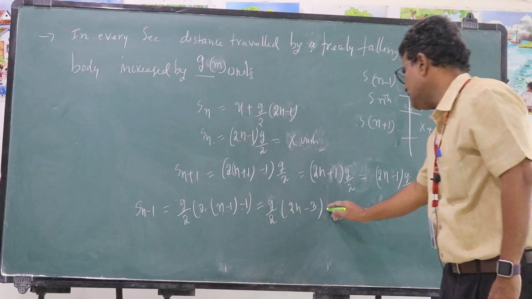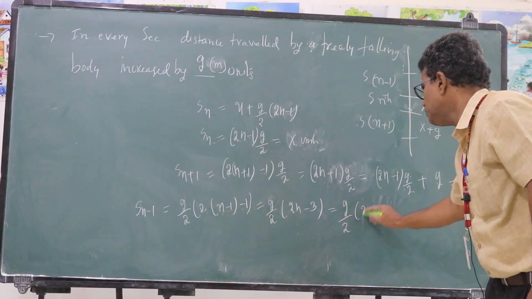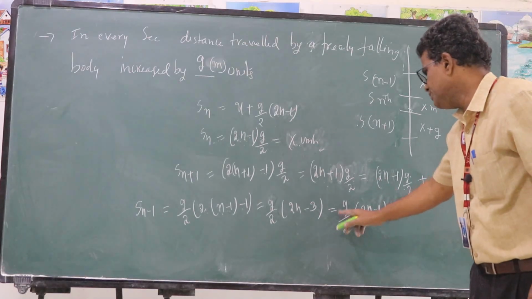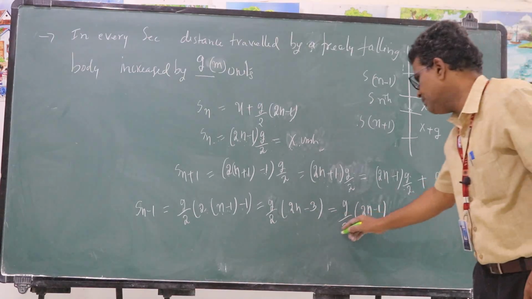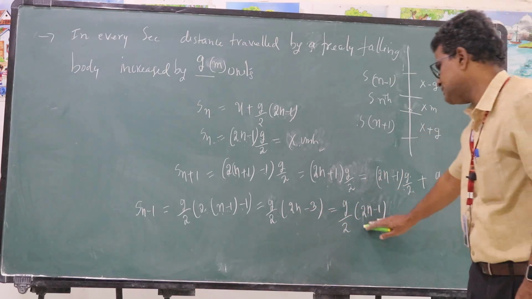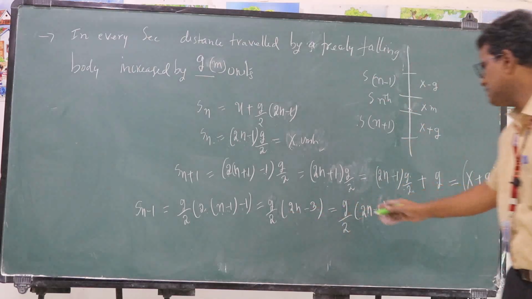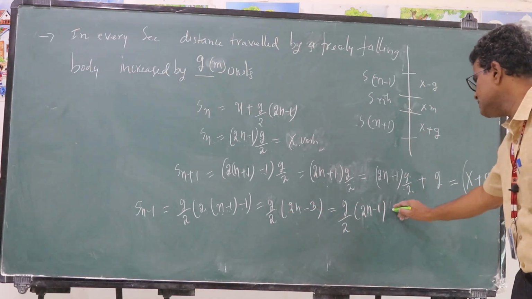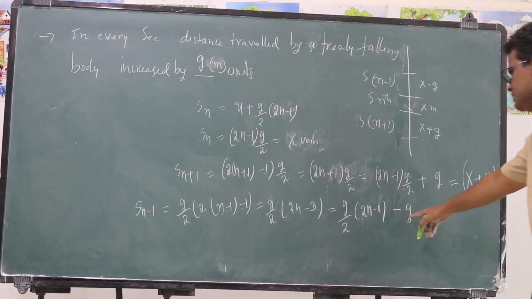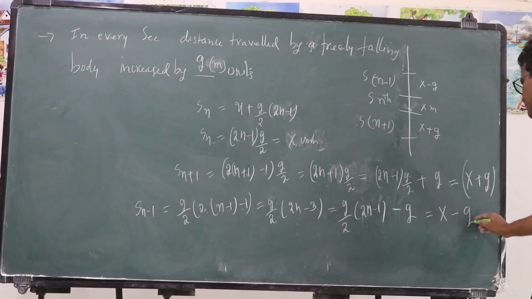This can also be written as g by 2 into 2n minus 1, minus g, because minus 3 by 2 is minus 1 minus half minus g. So this becomes x minus g units.